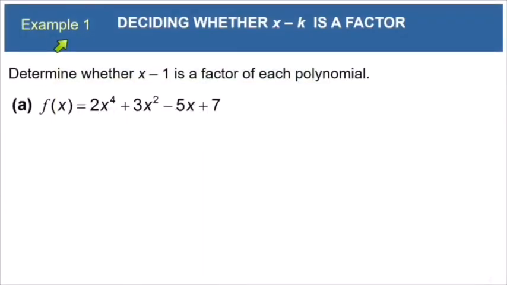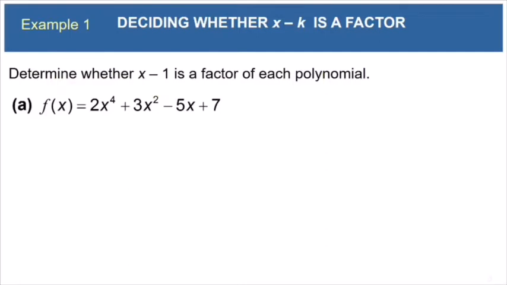Okay, so here is example 1, and we are going to determine whether x minus 1 is a factor of this polynomial. If x minus 1 is a factor of this polynomial, then when we divide by x minus 1, there will be no remainder. So how do we divide by x minus 1?